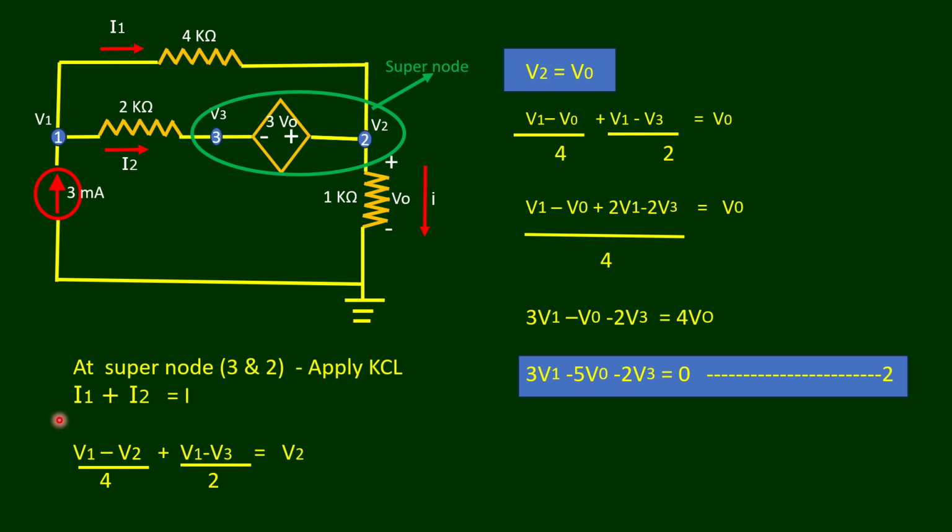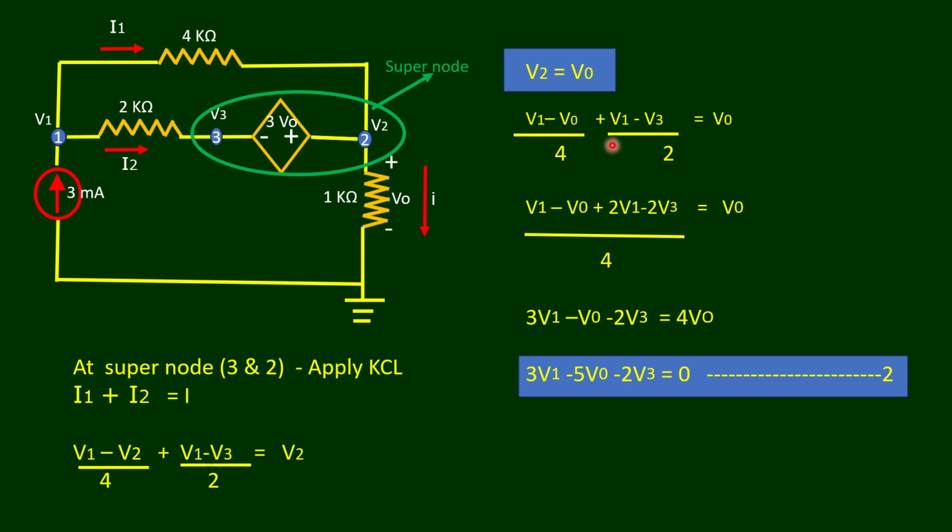So we can write I1 plus I2, the summation of the incoming currents at the super node, equal to the outgoing current I. For I1, by applying Ohm's law, it is V1 minus V2 divided by 4K, plus I2 is V1 minus V3 divided by 2K, equal to current I, which is V2 minus 0 potential divided by 1, that is V2. But we already know that V2 can be replaced by V0. So we substitute that in this equation.